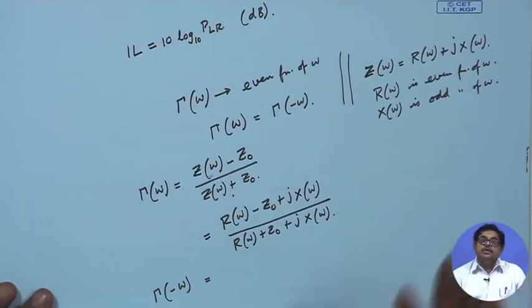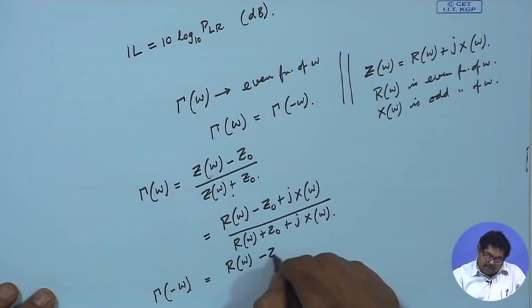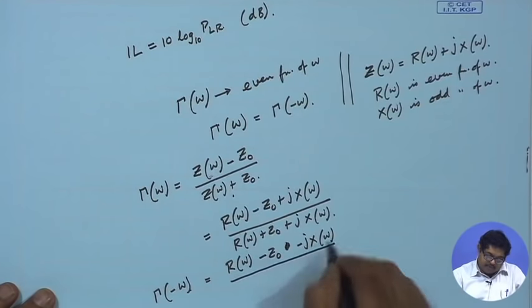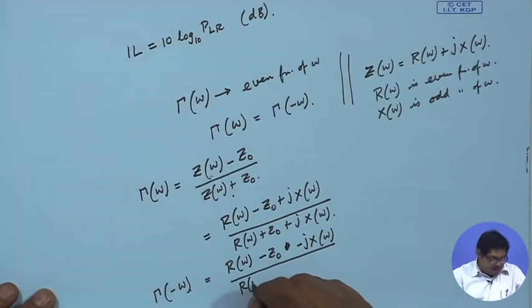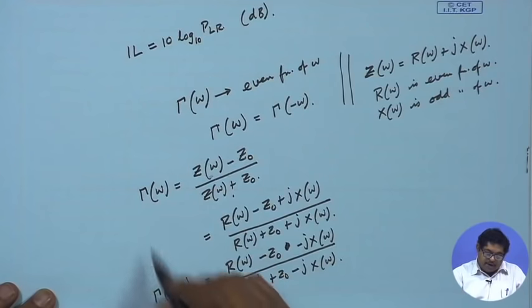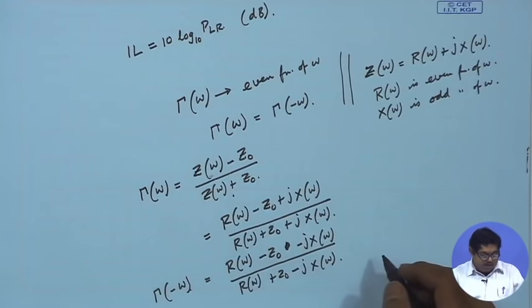Utilizing these properties, R omega minus Z naught minus j x omega by R omega plus Z naught minus j x omega. But we know that these two should be equal.